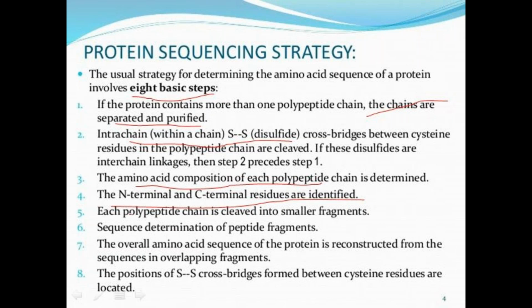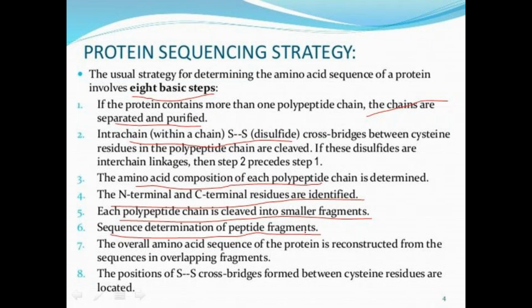Next, in the fifth step, each polypeptide chain is cleaved into smaller fragments. We separated the different polypeptides and determined the amino acid composition of each, so now each polypeptide chain should be cleaved into smaller fragments, and then we can determine the sequence of those peptide fragments.